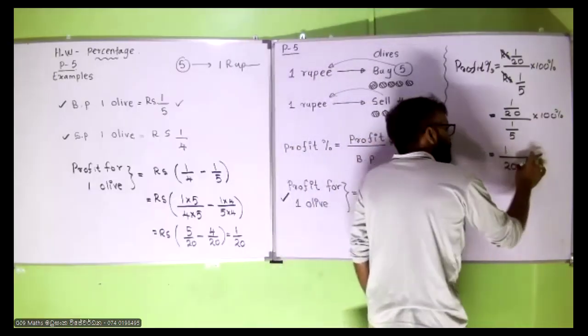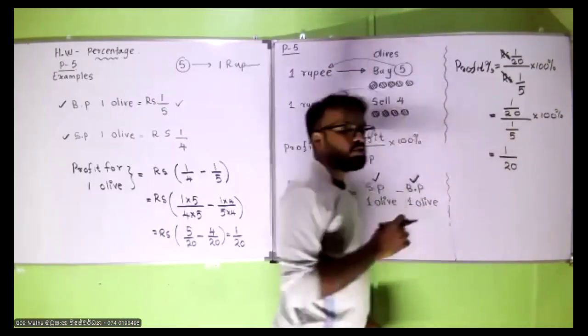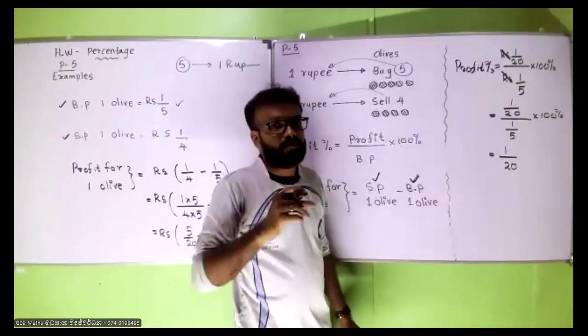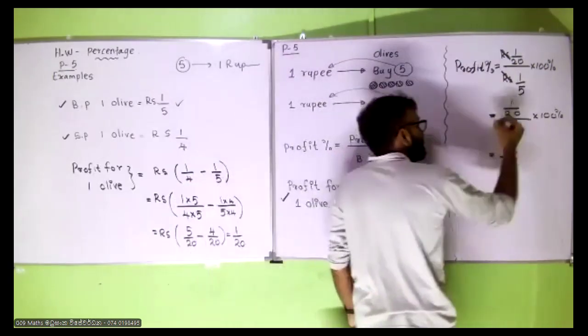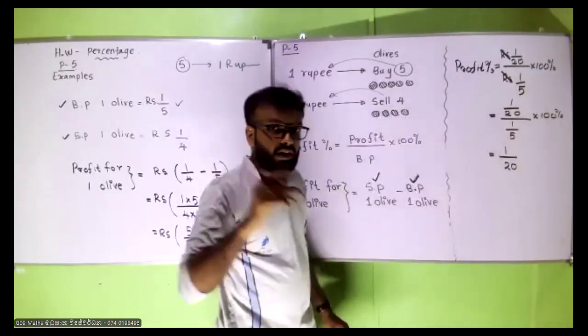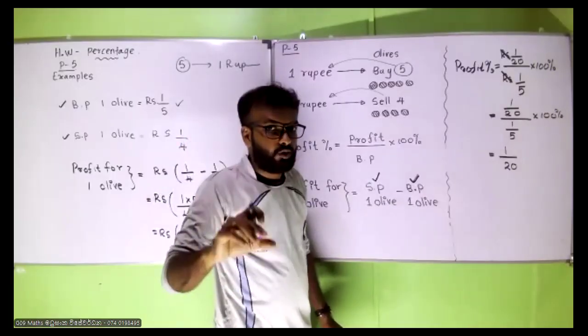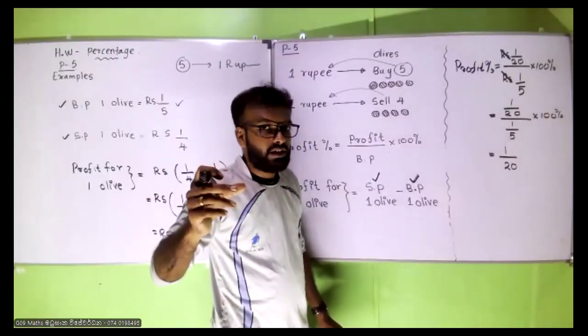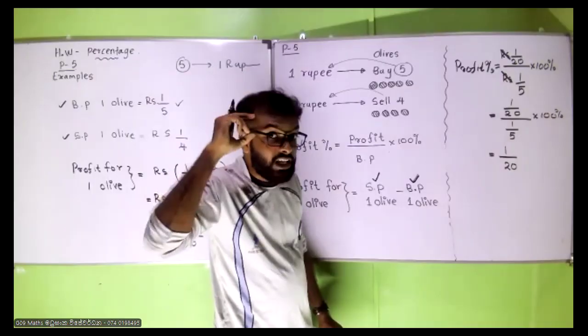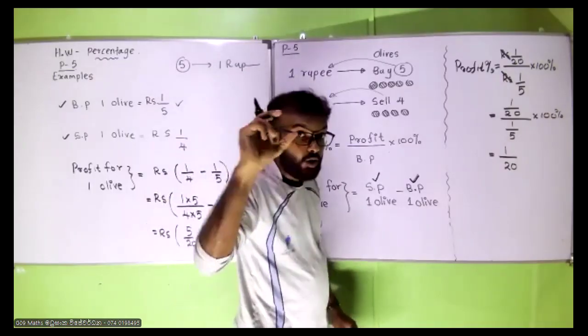Now you know how to represent these two fractions in another way. Shall I put a bracket here? Right? Now you need to know this very clearly. Look at the board.